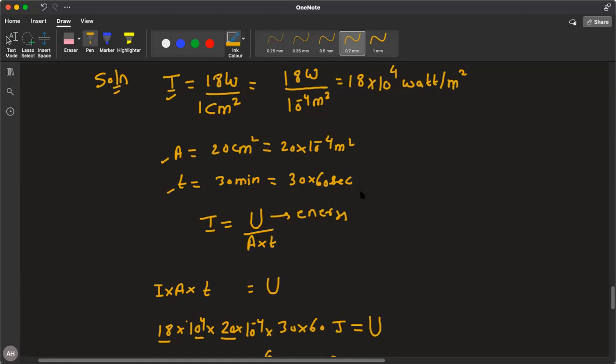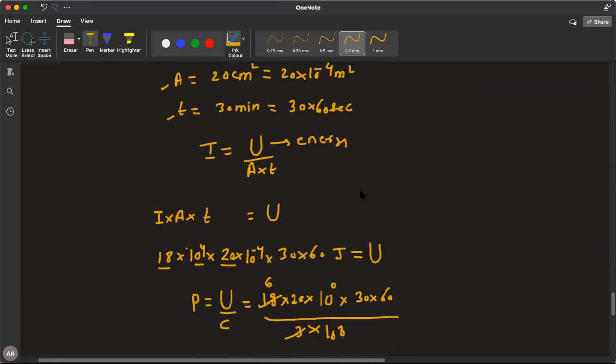And please don't copy this numerical. Do it yourself. If you get stuck somewhere, just ask.